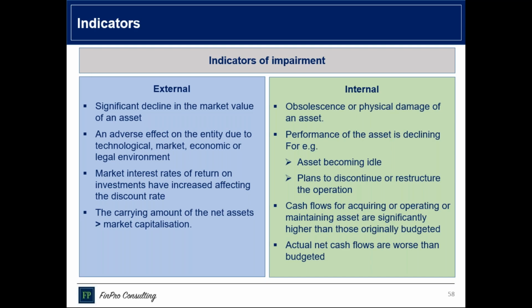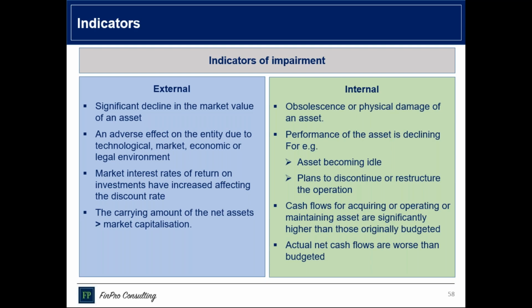And then there could be internal factors like it has become obsolete for your business, or there has been physical damage because of an accident, or the performance is declining because of maintenance, or the asset becoming idle, or because of low demand you are not able to utilize the asset. You plan to discontinue a particular plant, you're restructuring your business activities.